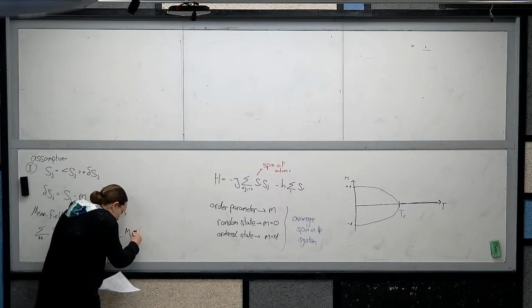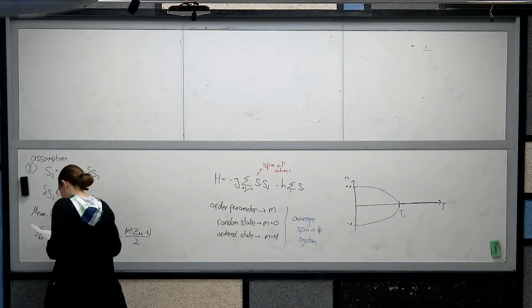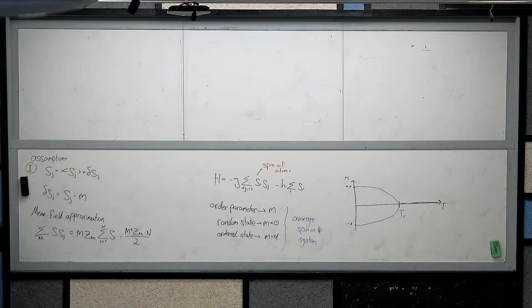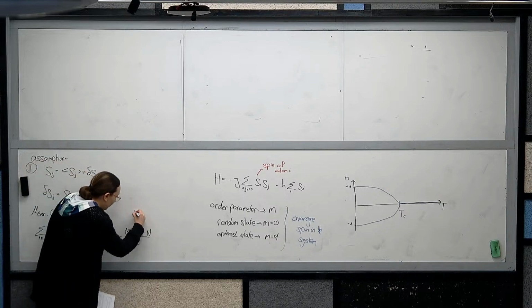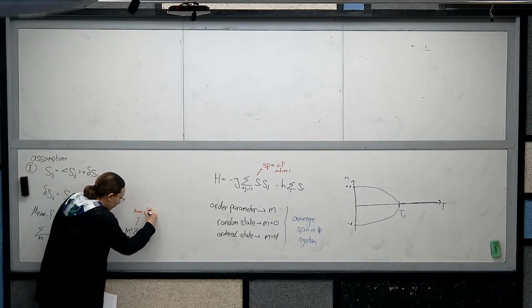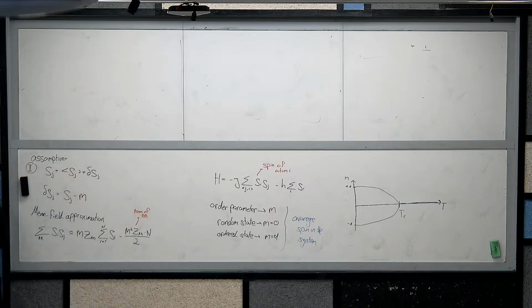So we have m squared, number of nearest neighbors, times number of atoms divided by 2. Number of nearest neighbors will change, depending on the model you want to take into consideration.